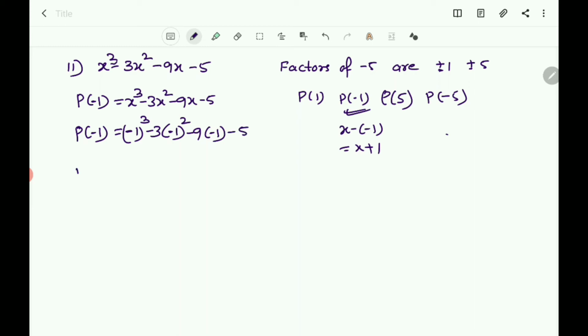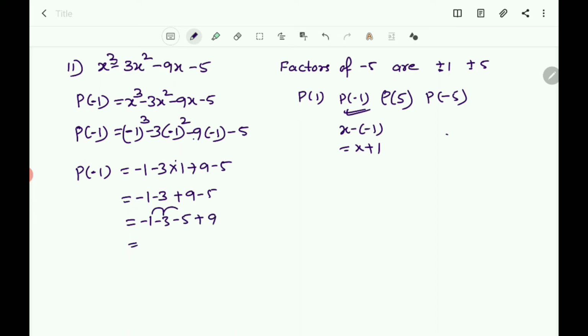That is, minus 1 whole cube is minus 1, minus 3 into minus 1 square is minus 3 into 1, minus 9 into minus 1 is plus 9, minus 5. Then it is minus 1 minus 3 plus 9 minus 5. So you can write minus 1 minus 3 minus 5, plus 9.